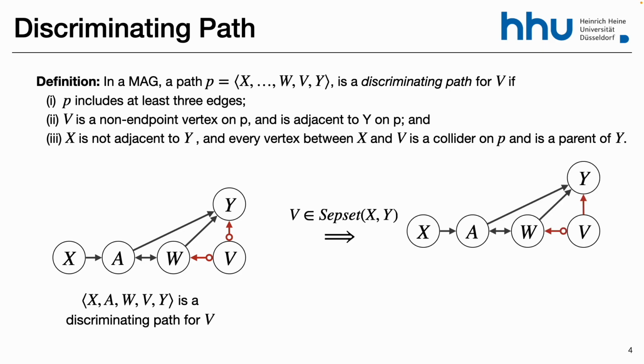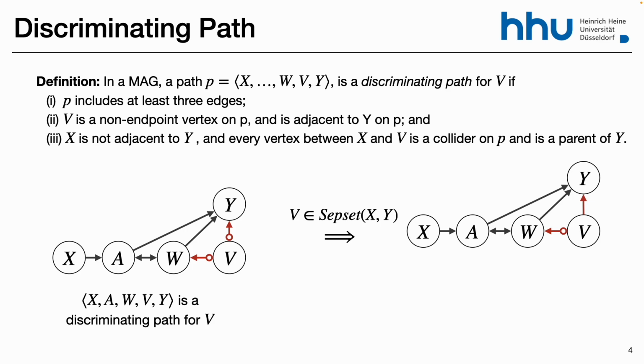If V is part of the separating set of X and Y, then it means that this is a non-collider, because I had to condition on it to separate the X and Y. Because when I condition on A, which is necessary because A is a parent of Y, I open the collider in this other path.